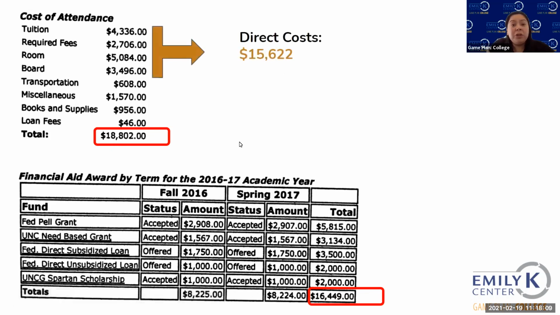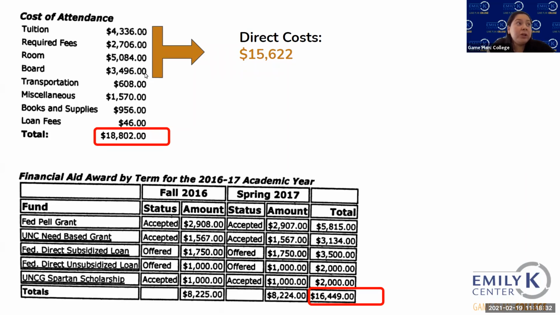However, you will only get billed or charged directly to your student account for things called direct costs. That is your tuition, how much you pay for classes, fees for being a student that are required, room, which is your dorm room, and board, which is your meal plan.